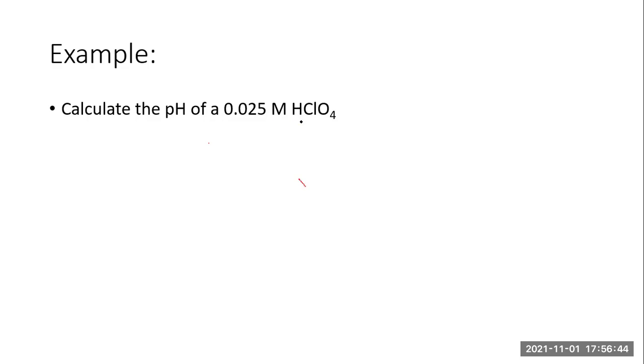Knowing that this is a strong acid, just like the HCl, it would 100% break apart into H plus and ClO4 minus, which is perchlorate. The H plus is most important in figuring out the pH.